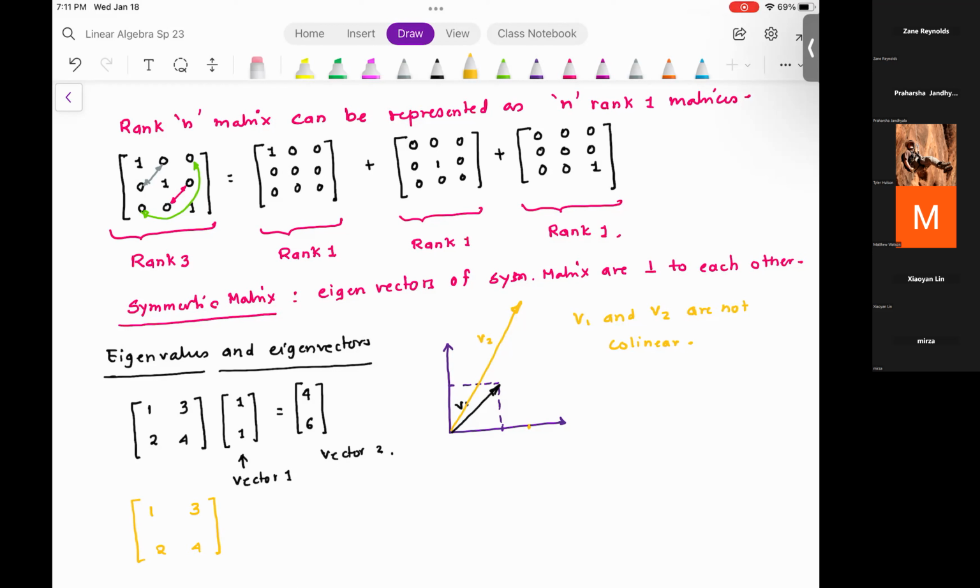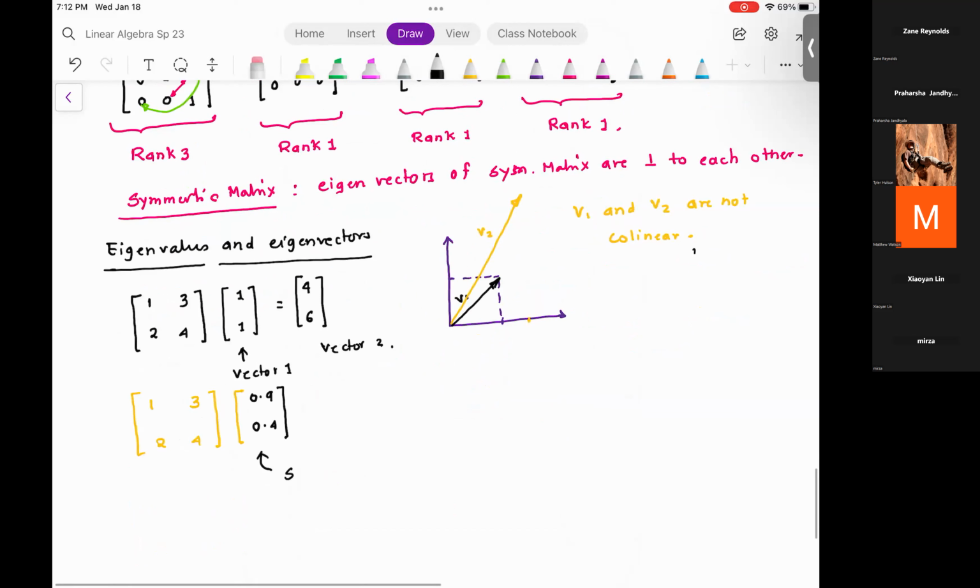Because this is super important. If I use the vector something like 0.9 and 0.4, this is a special vector.